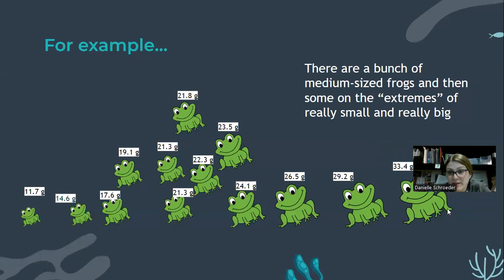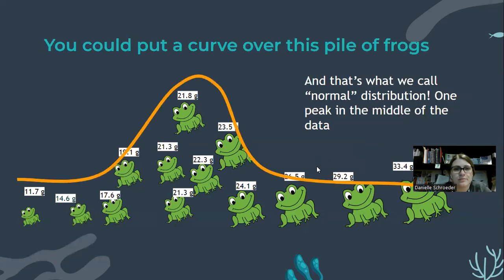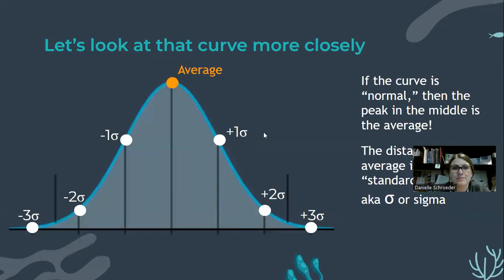Over here, we've got our giant frogs. And then we have a whole bunch that are somewhere in the middle here. In fact, you could put a curve over this, right? This is what we call normal distribution. There is one peak in the middle of the data where most of the organisms fall, okay?